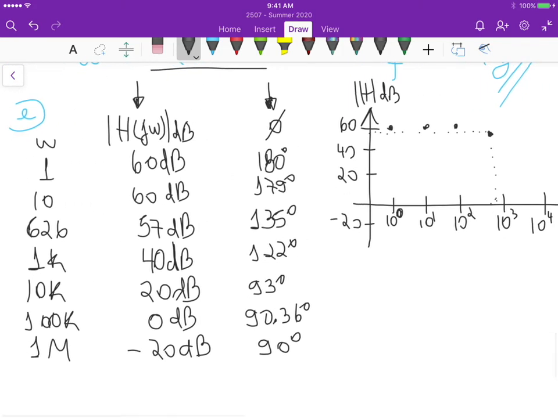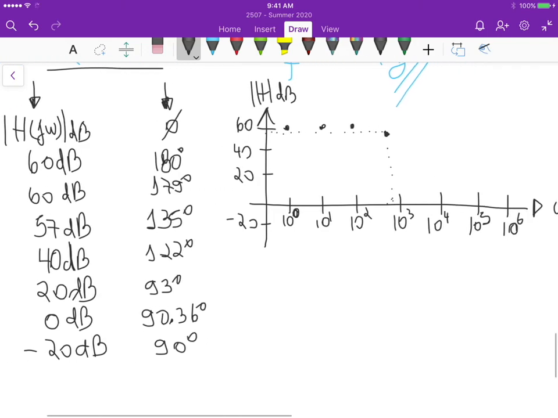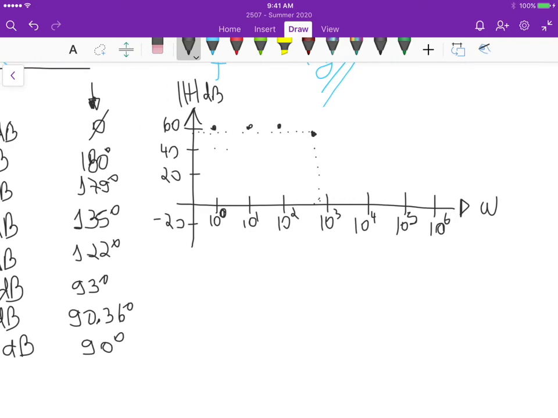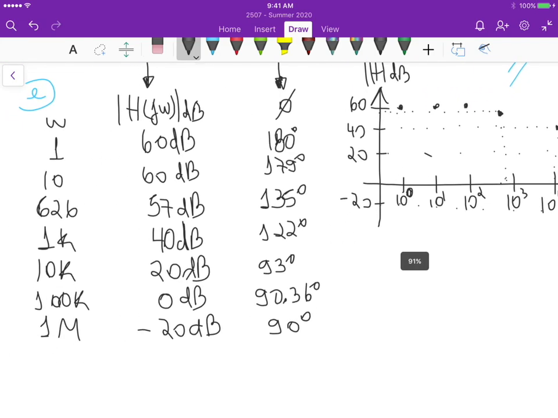Then at 10 to the 4, it's just 40 dB, so here it's roughly 40 dB. At 10 to the 5, it's roughly 20. And then here at 10 to the 6, it's minus 20.